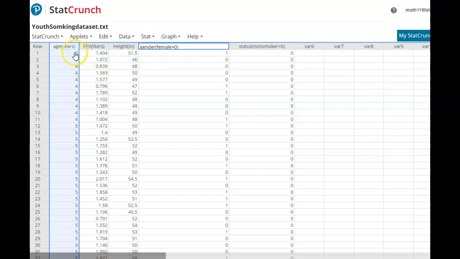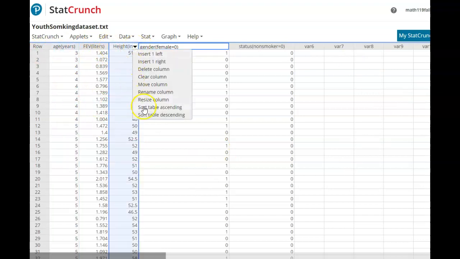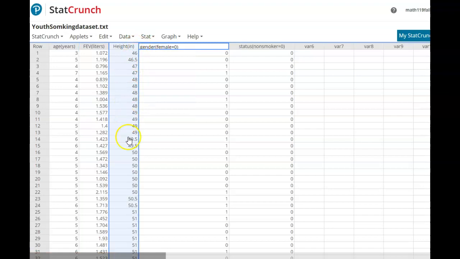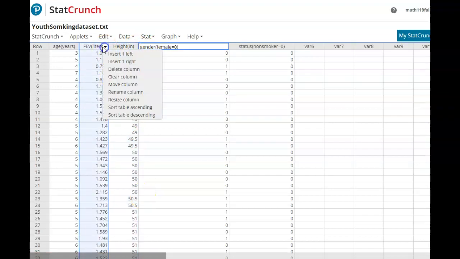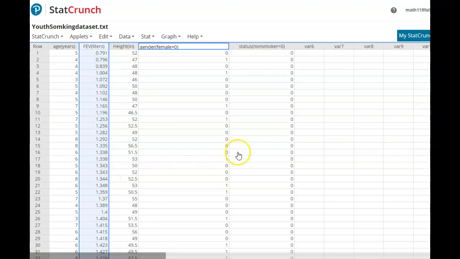If I do ascending, it puts the smallest age on top and then the older ages on the bottom. Okay. It rearranges the other columns too, so the same data sticks together. If I want to arrange it by height, for example, we can do the same. So smallest to largest. Same for FEV. So I can go smallest to largest.